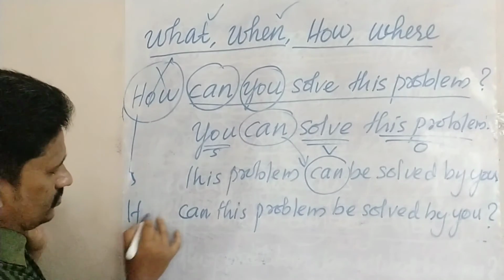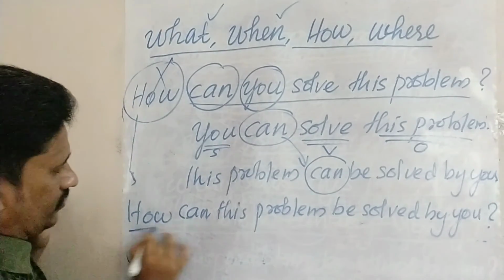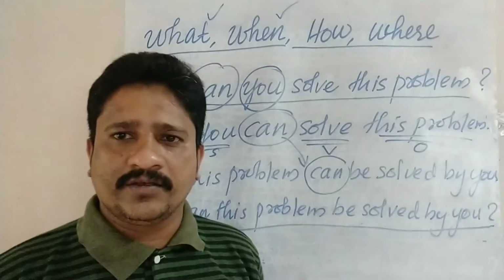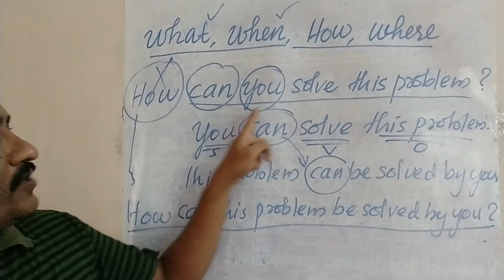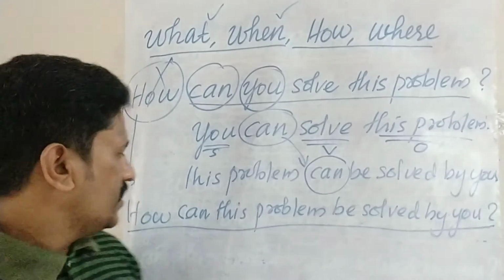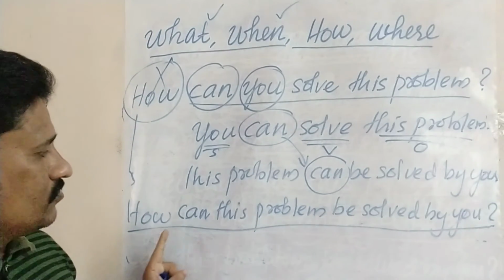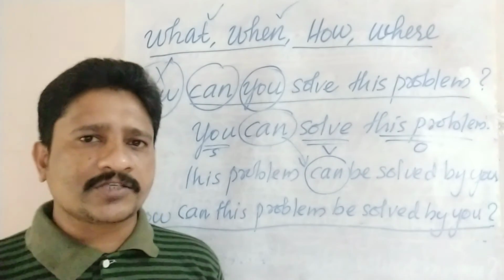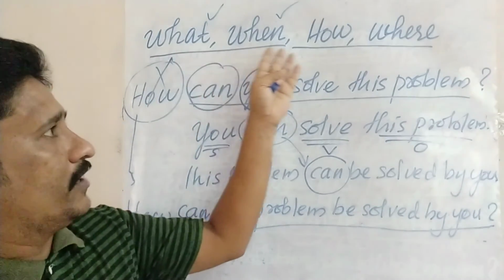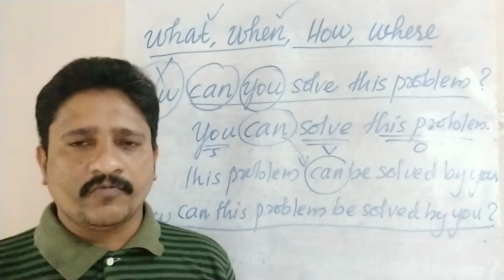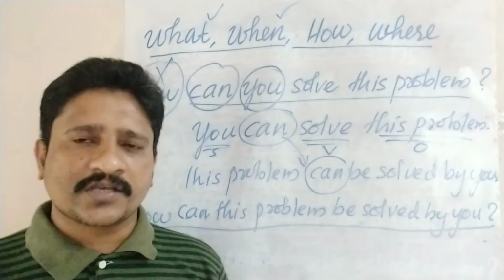So the answer is now, how can this problem be solved by you? How can you solve this problem was in active voice, and the passive voice is, how can this problem be solved by you? This is possible with all these expressions, what, when, how, and where, except with who, which will be discussed in the coming sessions.